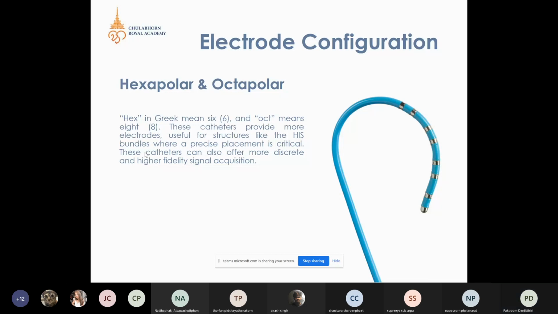Okay, and definitely these catheters can also offer more discrete and higher fidelity signal acquisition because of the multiple electrodes and the spacing, which is quite small. I'm going to talk to you about these properties of the spacing again. Okay.